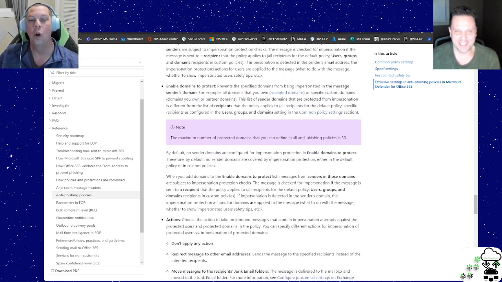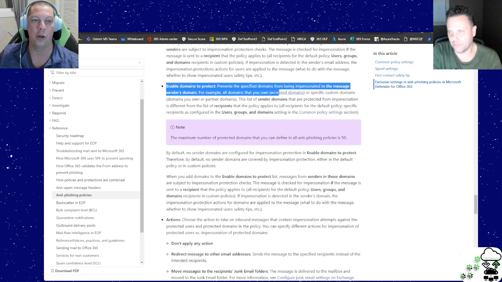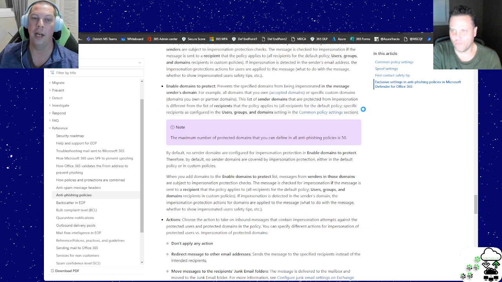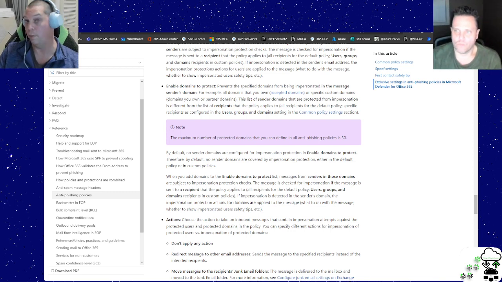It's all good. So one of the other settings in here that's really great, and I don't want to overlook some of the major points here, is enabling the domains that we can protect. This is one of the things that, I hate to admit this, is sometimes overlooked in other configurations.